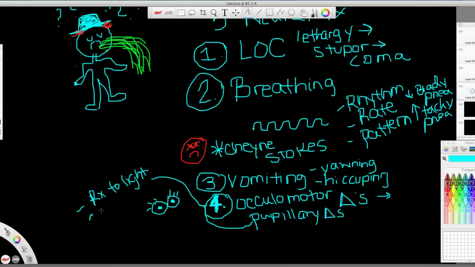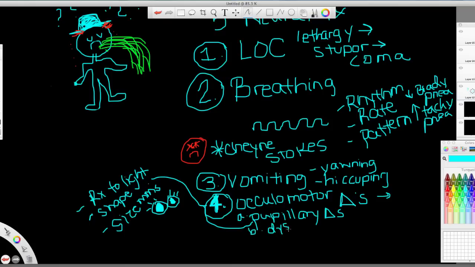And we look at their shape. Are they symmetrical? Are they both the same size? Is one of them bigger than the other? Is one of them bilaterally dilated? We also look at the size in millimeters of both of them. Sometimes your pupil can be partially dilated as well. That's where you have a weird shape. Okay. The second thing we look at with eyes, this will be A, and then we'll have B, we look at the gaze.